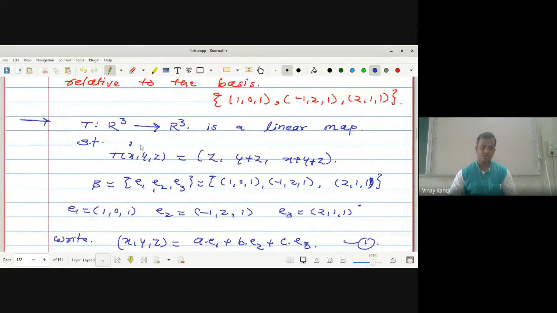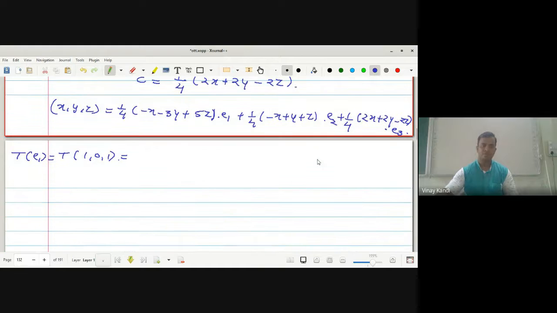Put here 1, 0, 1. So here we get z, which is 1, y plus z, that is 0 plus 1 is 1, and x plus y plus z, that is 1 plus 1 is 2. So the image of (1, 0, 1) is equal to (1, 1, 2).